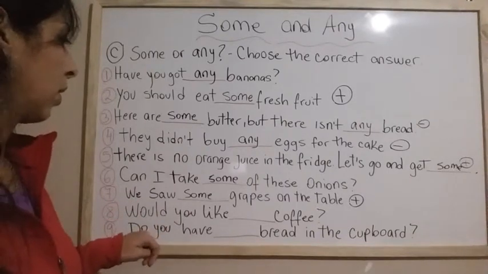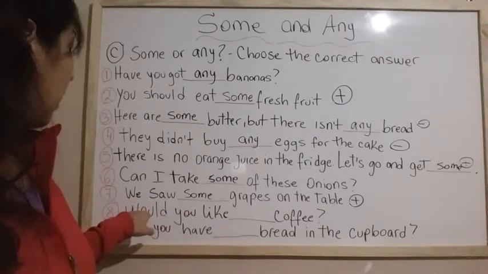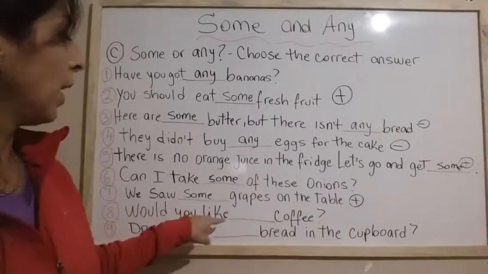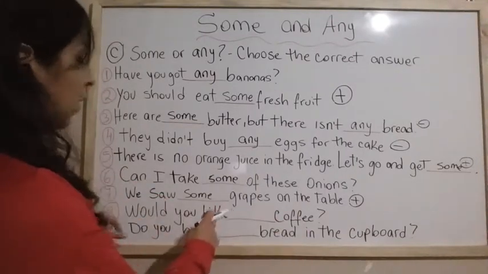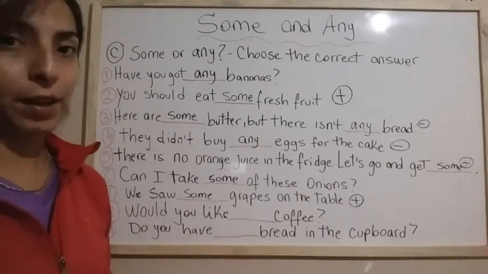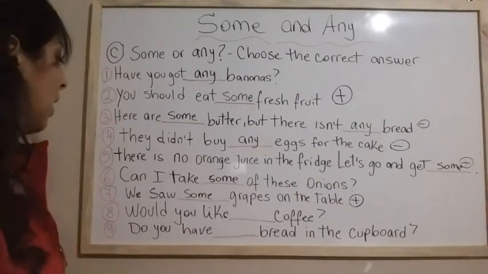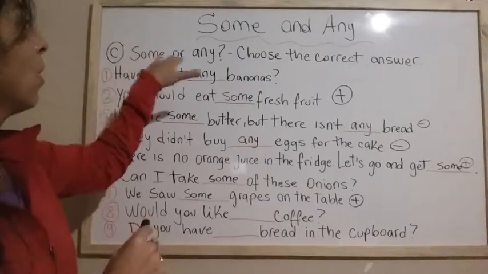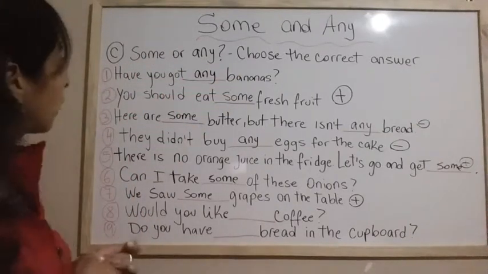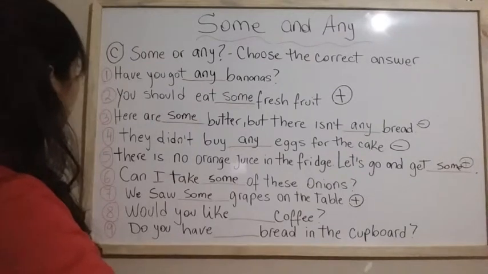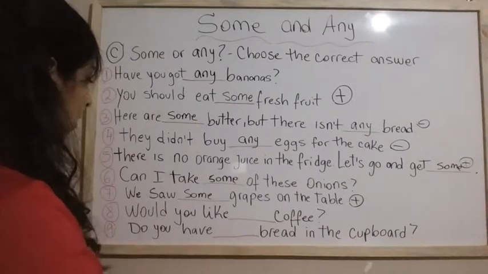Okay? We have 2 questions at the end. This question is, would you like blah blah blah coffee? This kind of question is an offering. If you are offering something, we have to put some, okay?